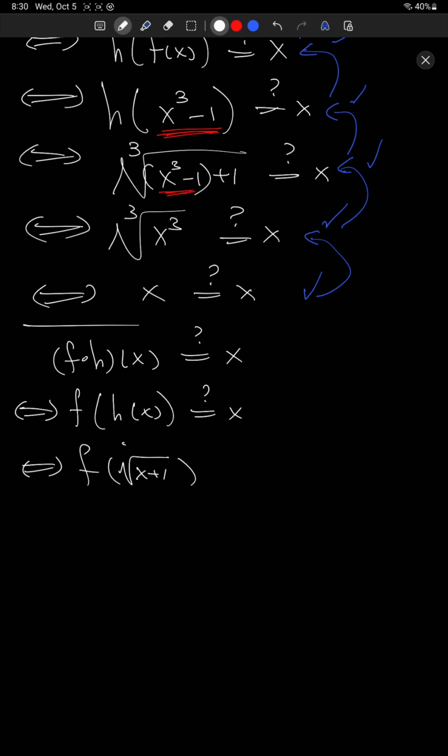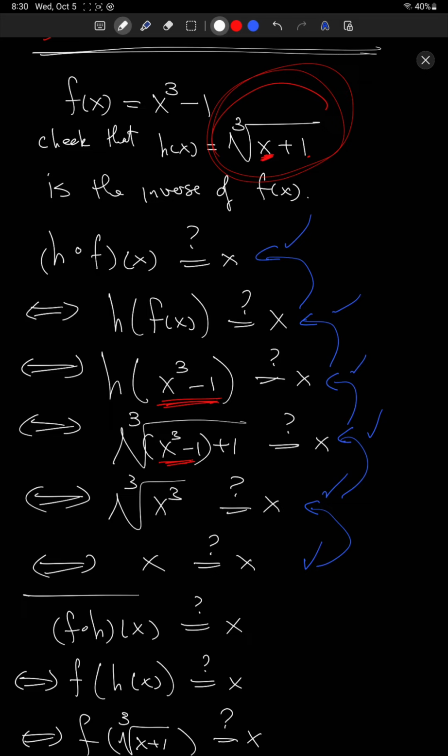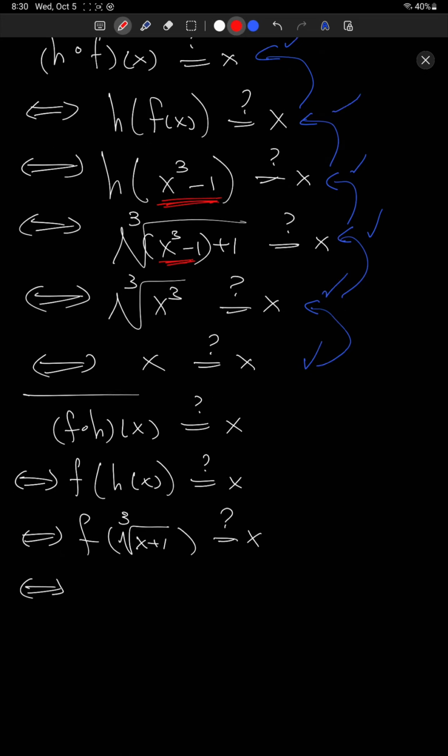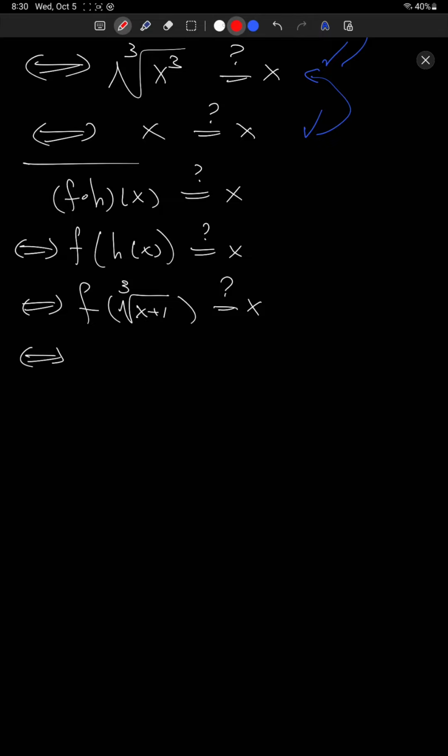So put that in right there. Is this equal to x? And here, what is f? f is the function where you cube the input and then you subtract 1. So I'm taking the input, which is cube root of x plus 1, and then I'm cubing it, and then I'm subtracting 1. Is this equal to x?